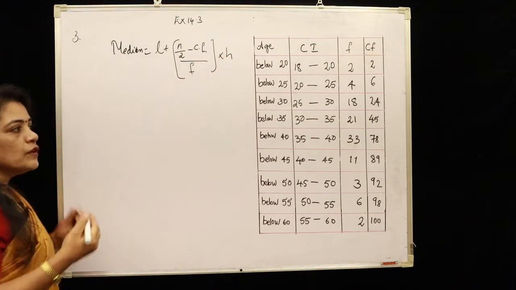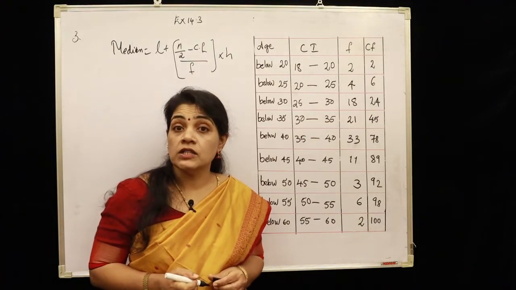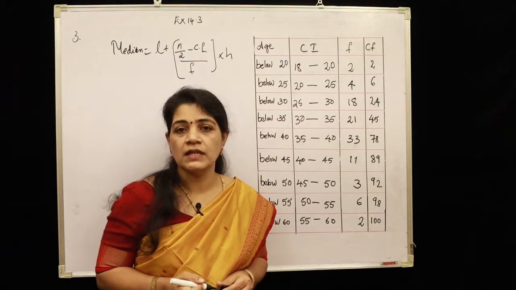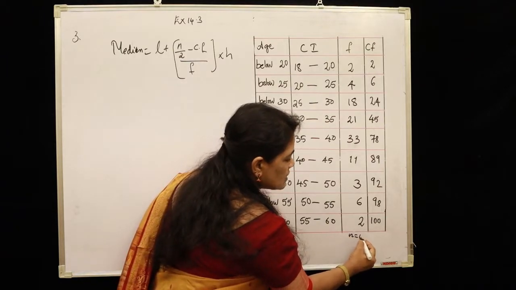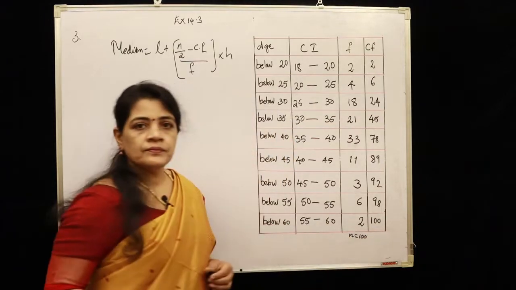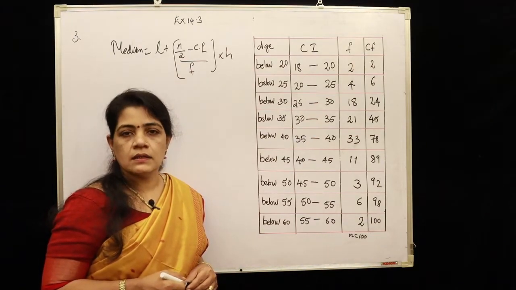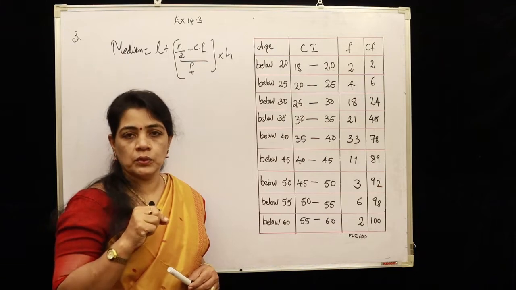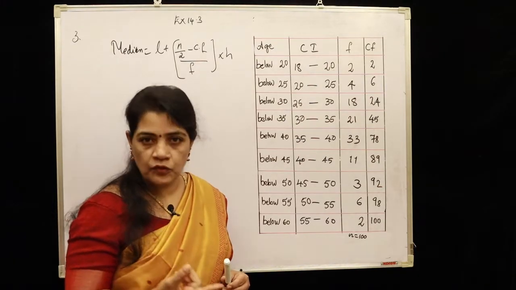Here in the frequency distribution table, we are talking about the 100 policyholders. That means sigma Fi, or small n, is equal to 100. In order to locate the median class, find n by 2. Since n is 100, n by 2 is 50.